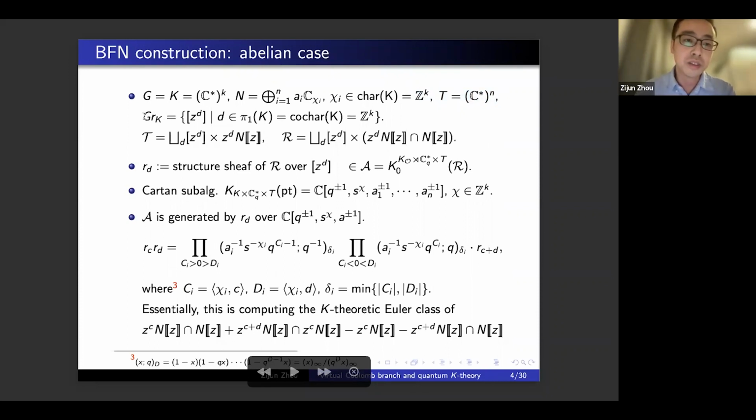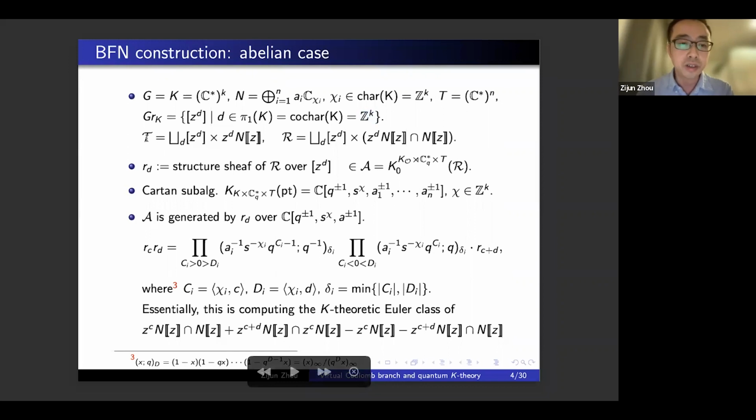And in this case, the affine Grassmannian, if we are only interested in this reduced structure, then it can be identified with this rank R lattice, and we can also identify it with the pi1 of the gauge group, or co-characters of the gauge group.